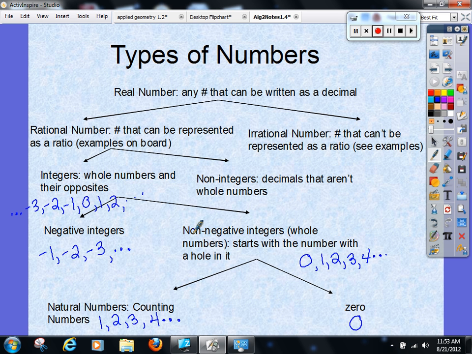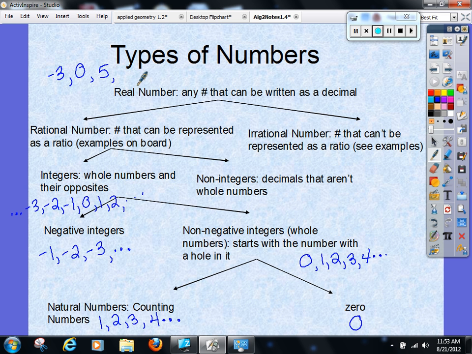Okay, I'm going to jump up here to real numbers, and then we'll meet our way back down towards the middle. Pretty much anything that you can graph on a number line is a real number. And for you guys, that should be any number you could possibly think of at this point. All the numbers already listed are obviously real numbers because we can graph negative numbers on a number line, you can graph 0 on a number line, and you can graph positive numbers.